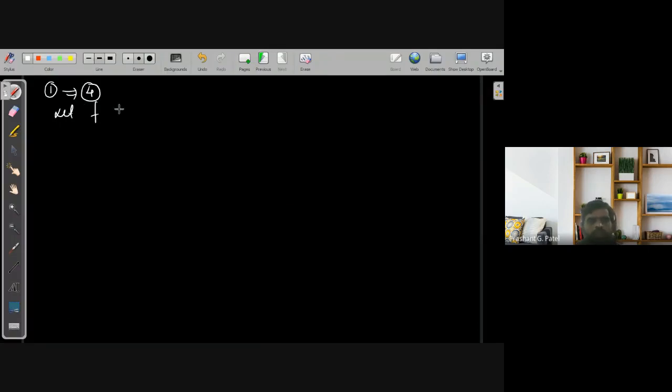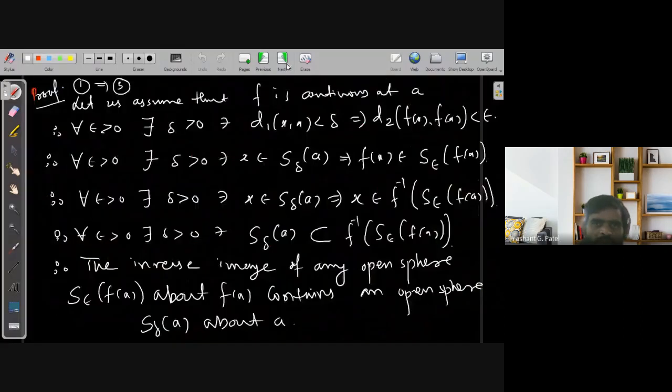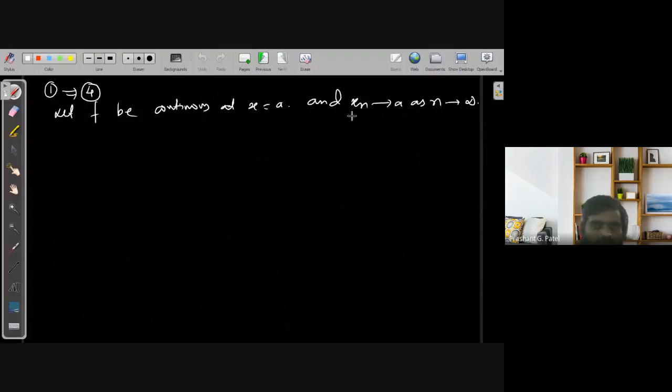So let f be continuous at x equal to a, and xn converges to a as n tends to infinity. This is also given to us because the statement was that whenever xn is a sequence in X converging to a. So that sequence I have taken, xn belongs to X.